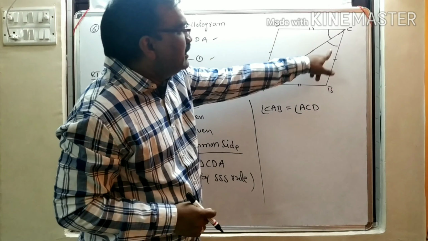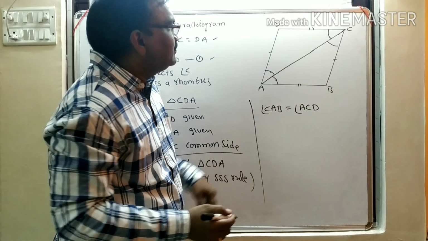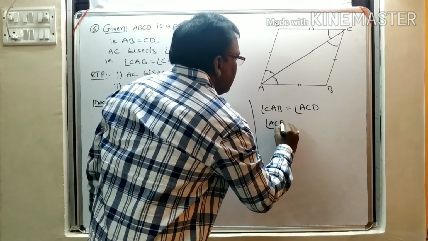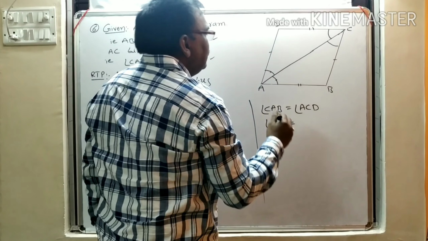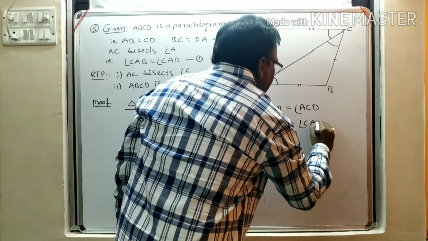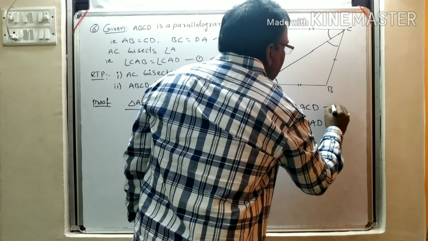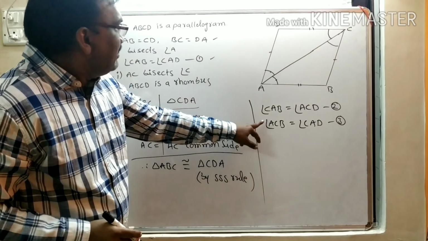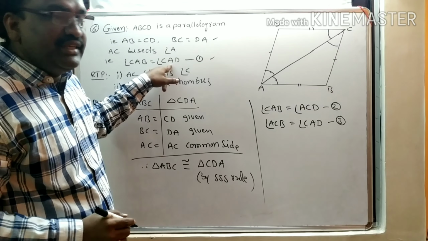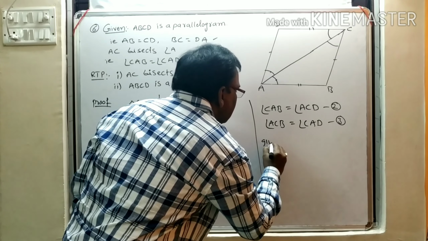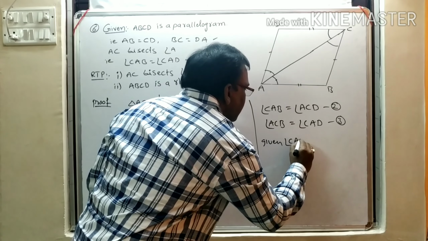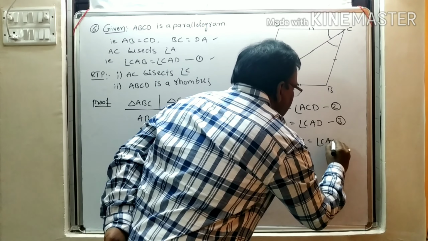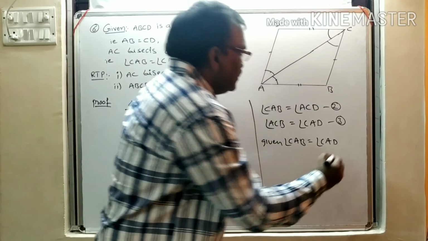One more: angle ACB is equal to angle CAD, this is 3. But given angle CAB is equal to angle CAD. This is 1.